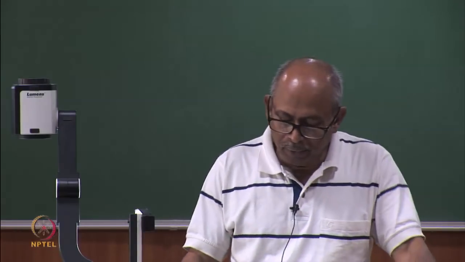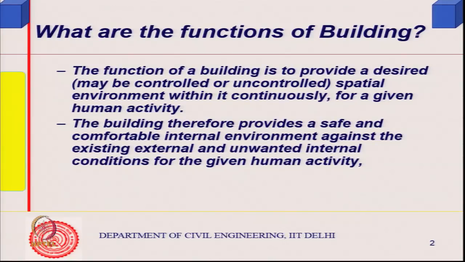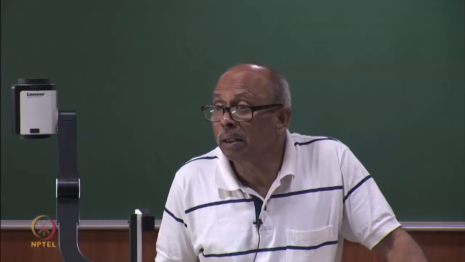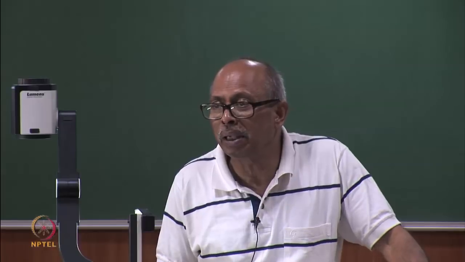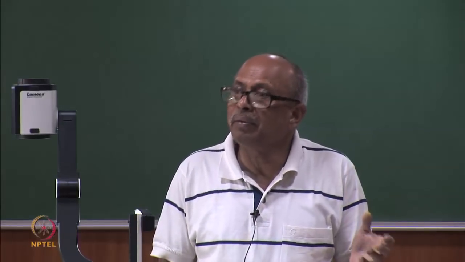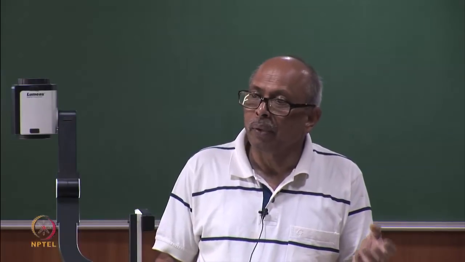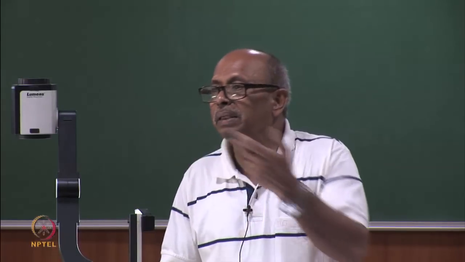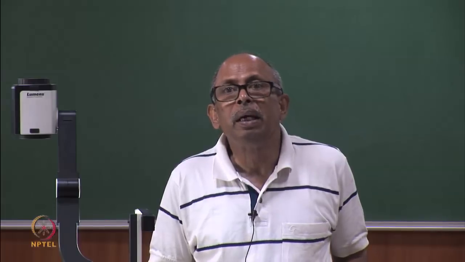So, building must therefore provide safe and comfortable internal environment against existing external and unwanted internal conditions for a given human activity. Now, what is external condition? For example, high temperature outside, high relative humidity. So, I must have a comfortable environment against such external perturbation.